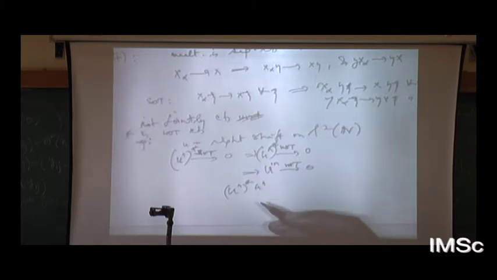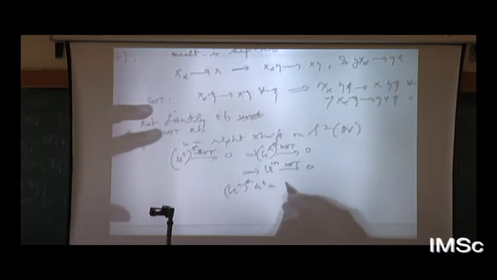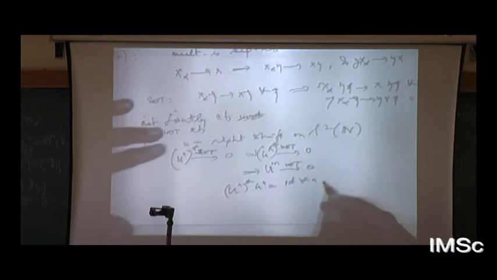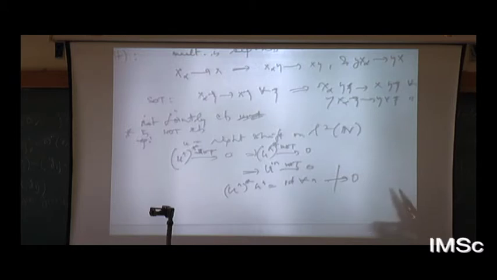But clearly, if you take u to the n star u to the n, you get identity for all n, which clearly does not converge to 0. So at least I have shown you that multiplication is not jointly WOT continuous.